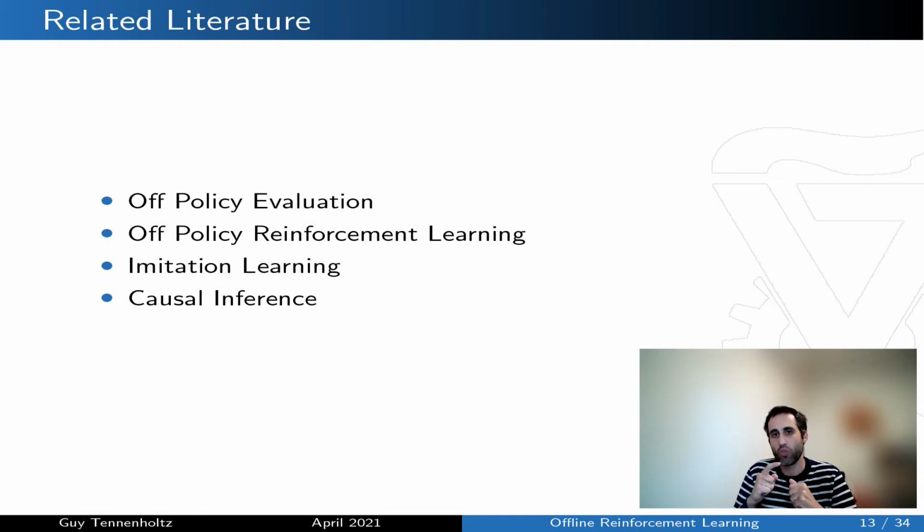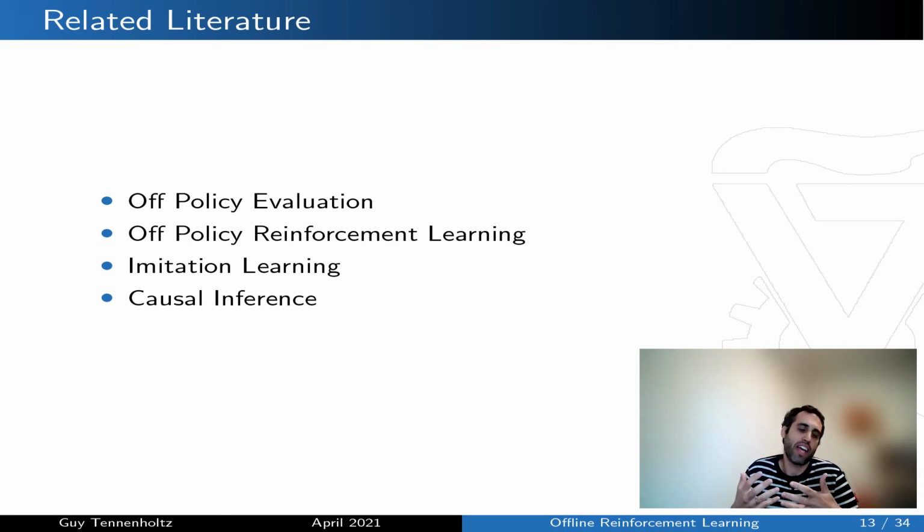When that happens, and we only get observations of that state, then the states which we don't know of are known as unobserved confounders in the causal inference literature. And then when we try to do reinforcement learning, we're actually asking counterfactual questions under hidden confounding. And this is, again, a vast array of research in causal inference.